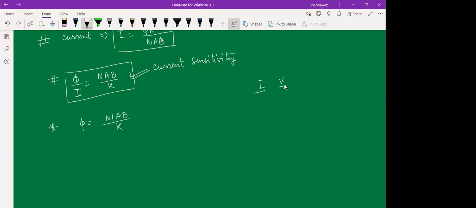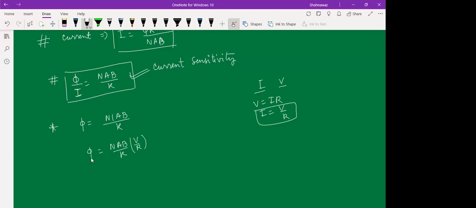Yes, Ohm's law. V is IR, so I is equal to V by R. So if we put this value in here, NAB by K and V by R, this is phi.